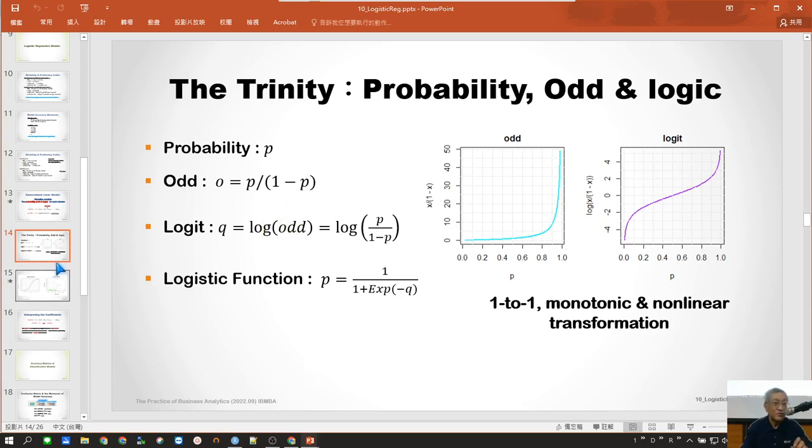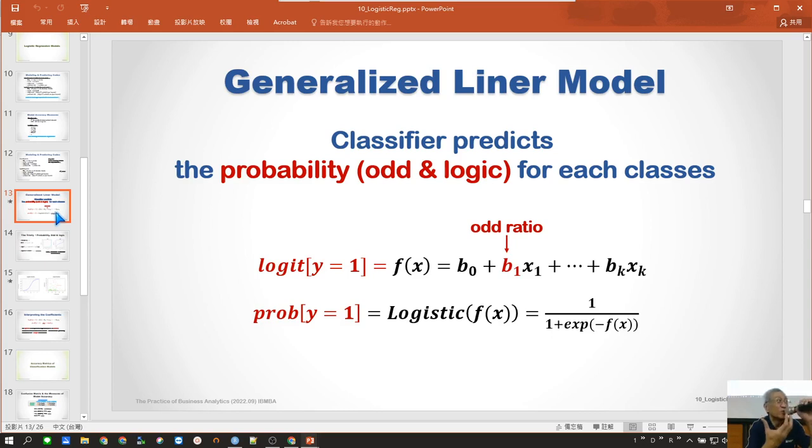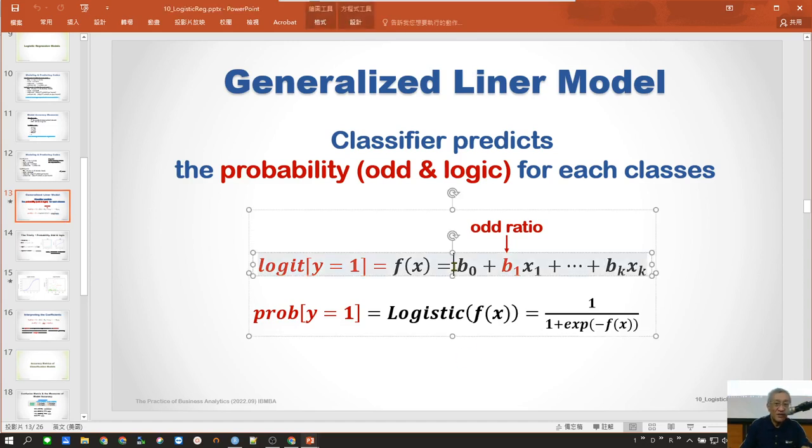The reason we introduce this terminology is that the value of the linear combination in logistic regression is actually the logit of y equal to 1.